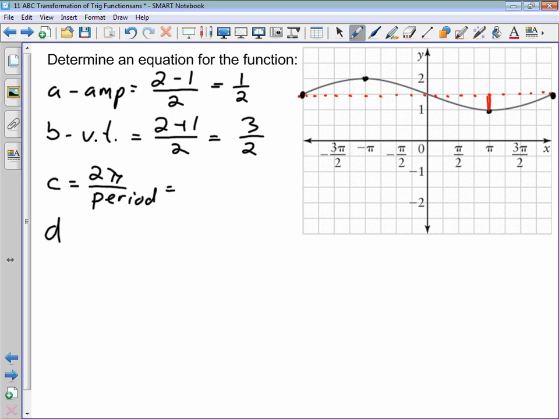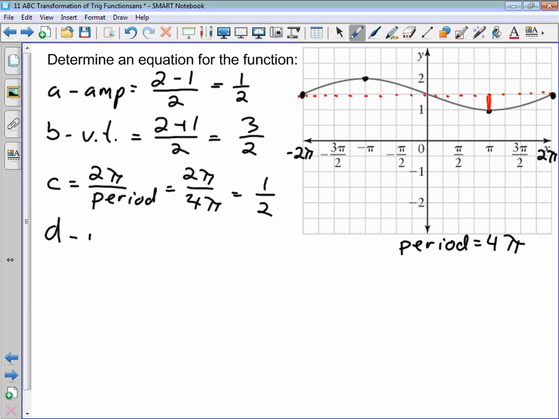If we extend our labeling here, this is -3 pi over 2, so this would be -2 pi, and over here this would be +2 pi. So it looks like our period is 4 pi. So 2 pi divided by 4 pi is going to give us 1/2 for our c value here.